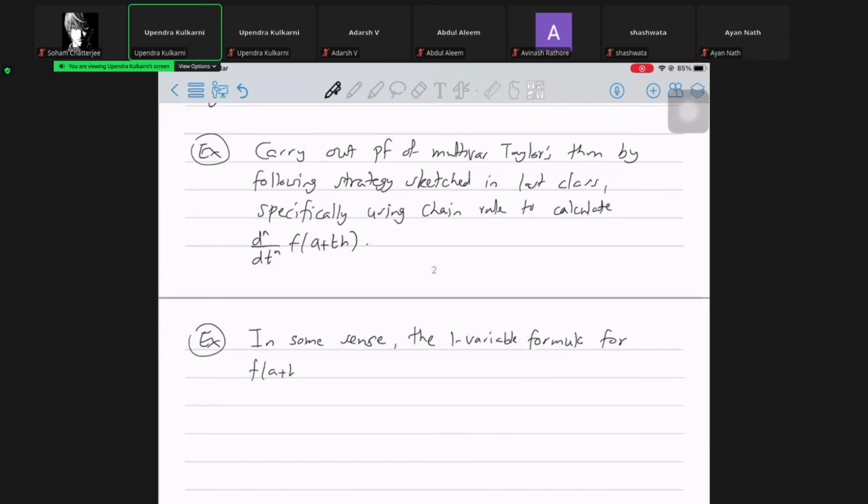For F of A plus H, the one variable Taylor formula stays valid in the multivariable case. A small exclamation mark, especially if you like formalism. If you don't like formalism, then maybe delete the exclamation mark.